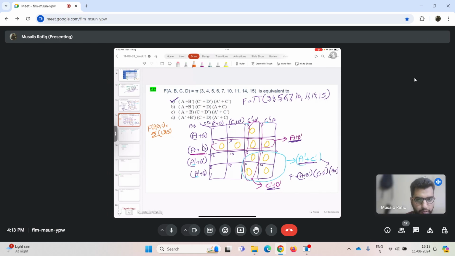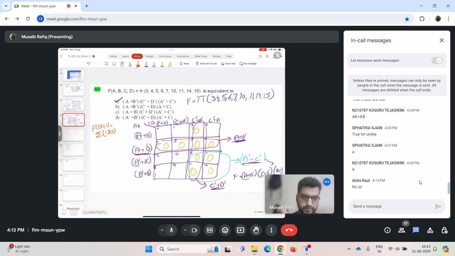So using a K-map, how will you do it? Ignore this part. You are given a function as a sum of minterms, and then you construct a K-map. Now you need to get the POS form out of that. How will you get that?